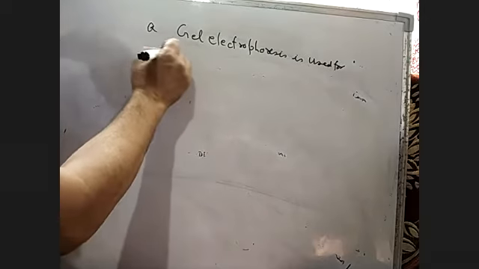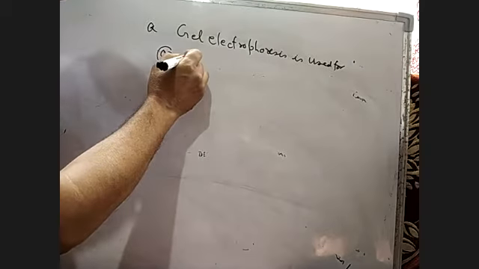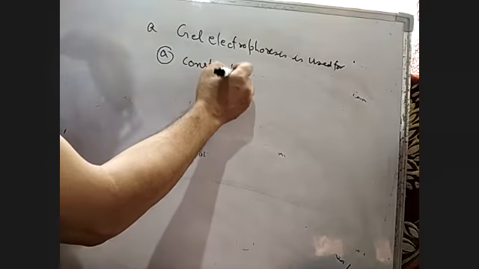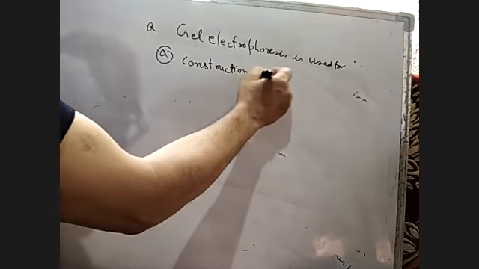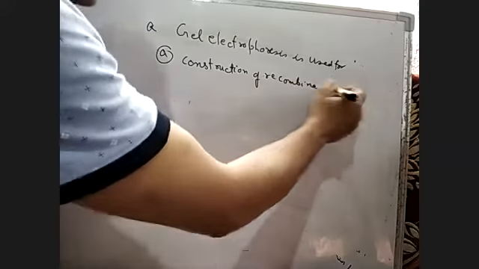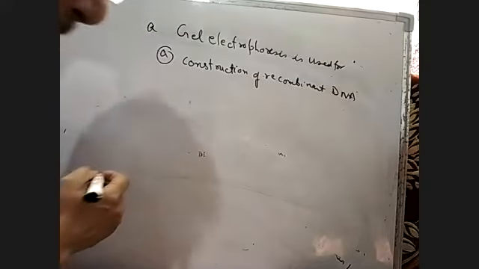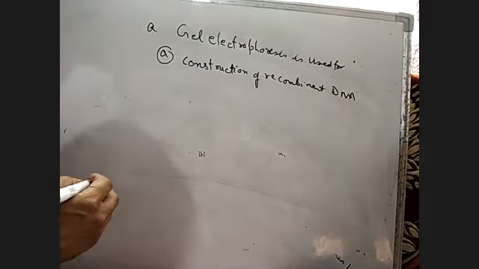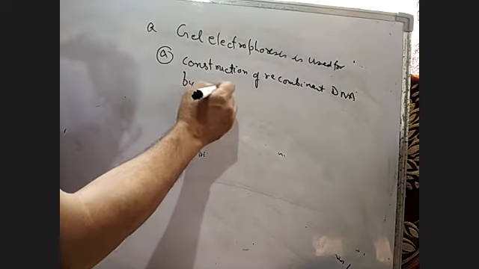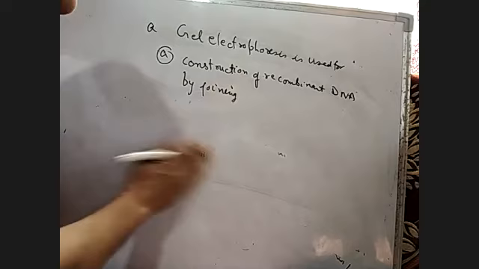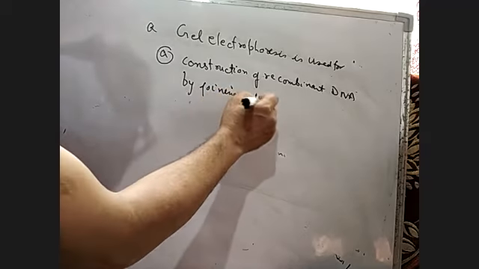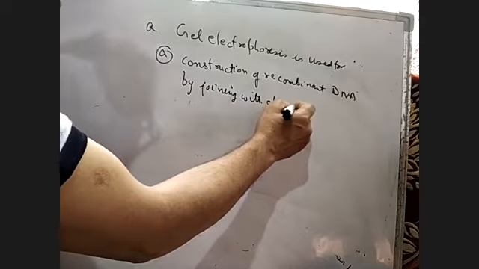Number A: the construction of recombinant DNA by joining with a cloning vector.